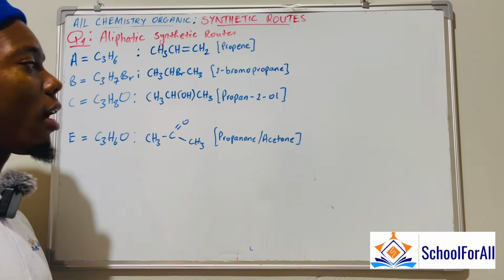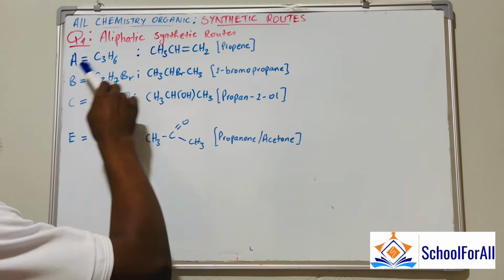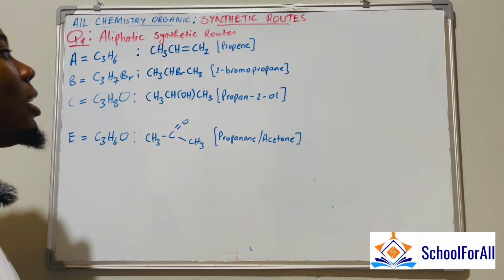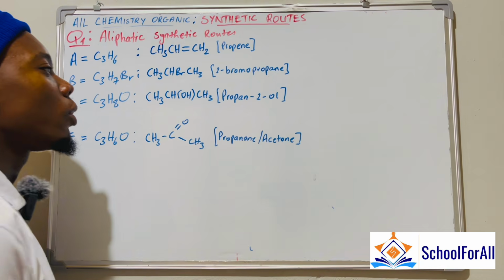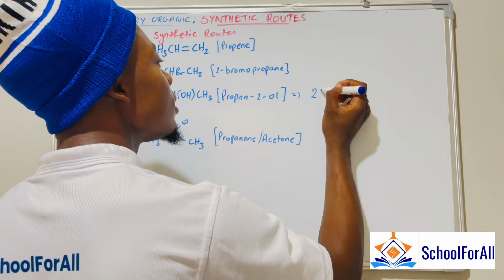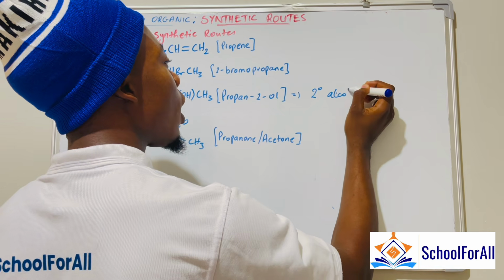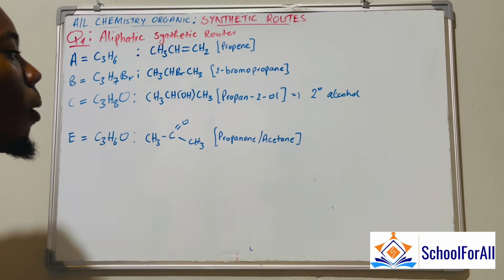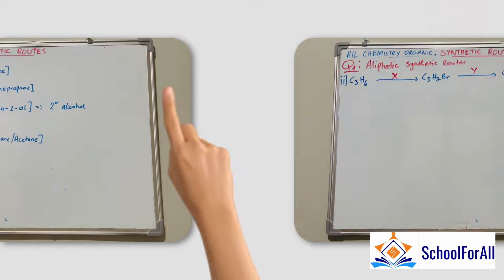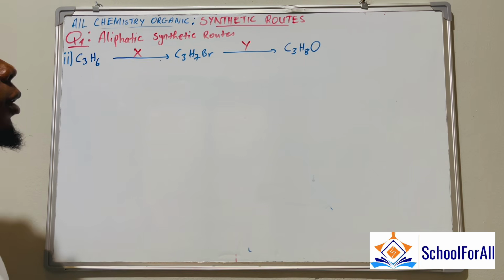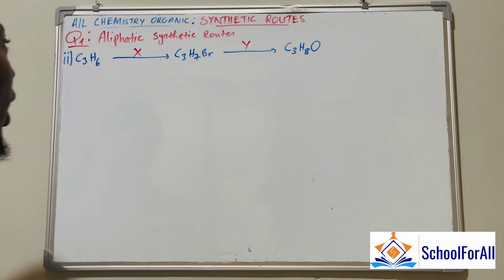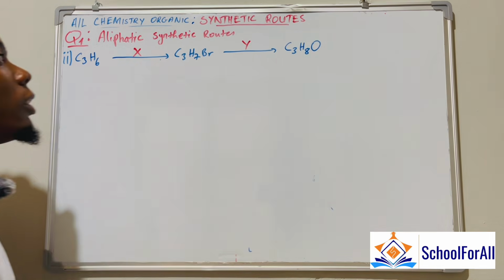So finally, we have concluded that our compound A is propene, compound B is 2-bromopropane, compound C is propan-2-ol, which is a secondary alcohol. And lastly, compound E is propanone or acetone. So now we go to the second part of the question, in which they are asking you to identify the reagents X and Y. This one is very simple, as long as you already know which homologous series are there.